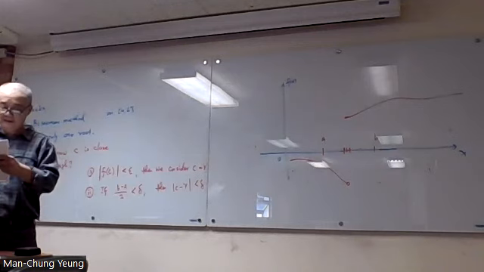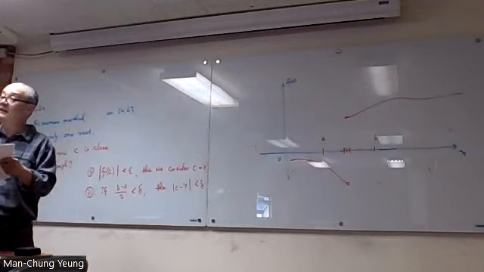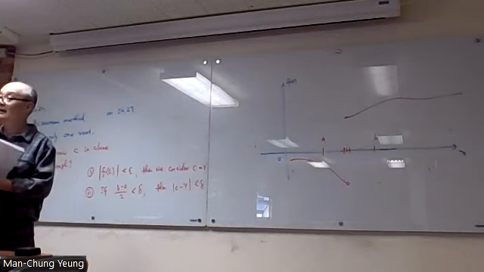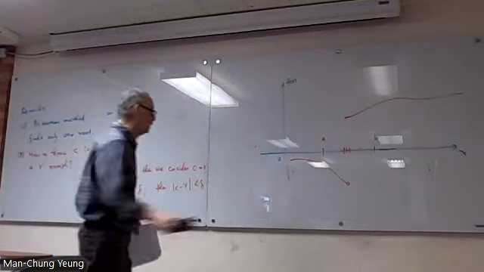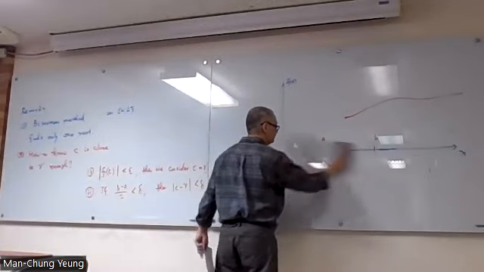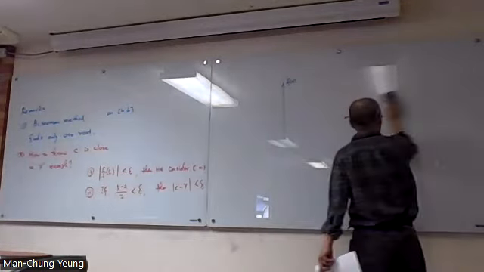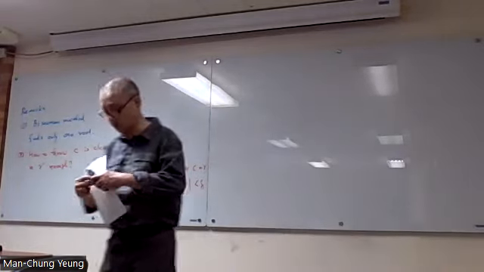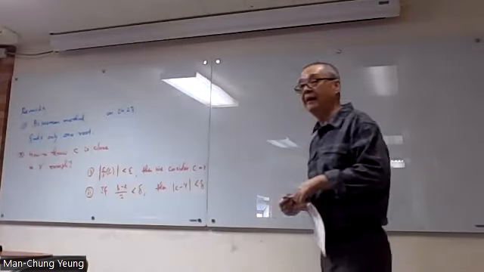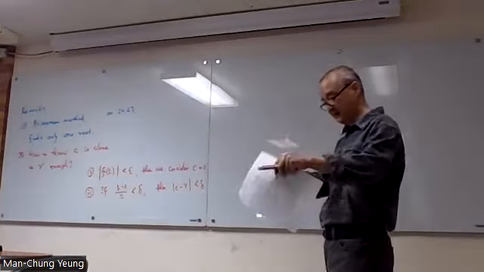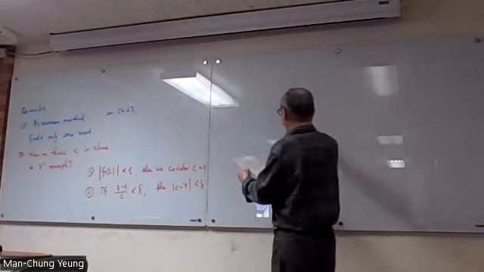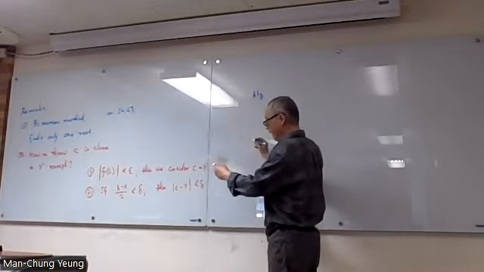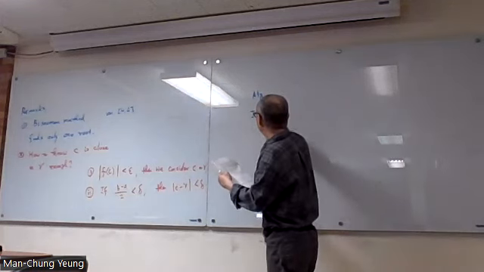Now, the following is an algorithm, a computer algorithm. If you write code for the bisection method, follow this algorithm. First, input.